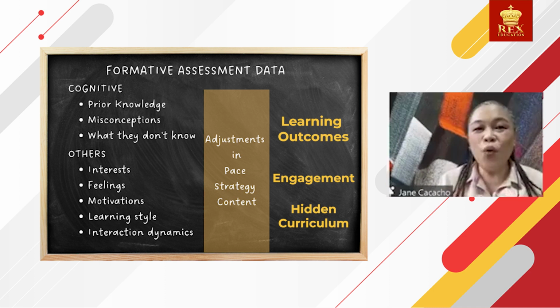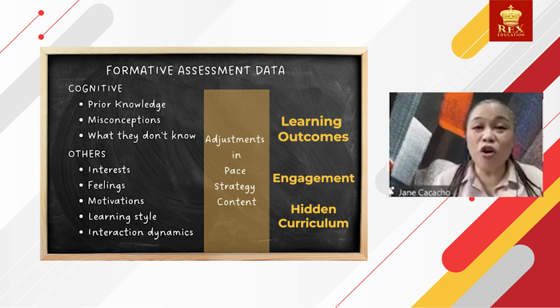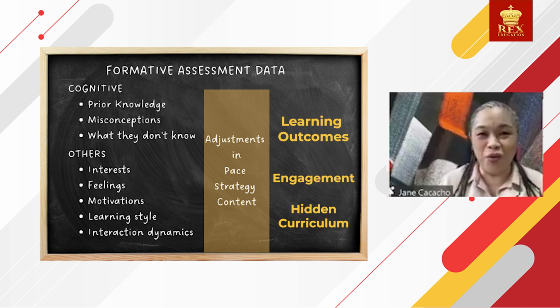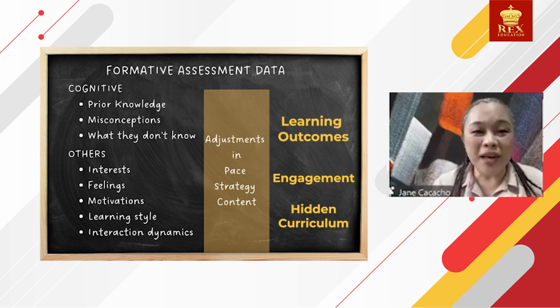Now, as you know, the learning outcomes are what is written in our overt curriculum. But there is also such a thing as a covert or the hidden curriculum. As teachers, we don't only teach the subject, right? We are also formators.